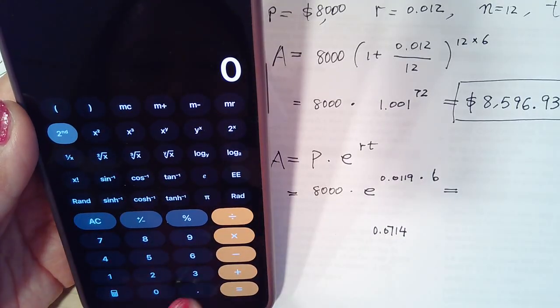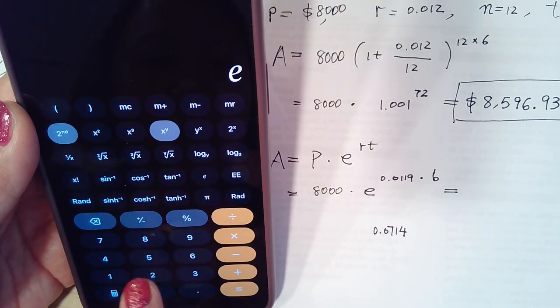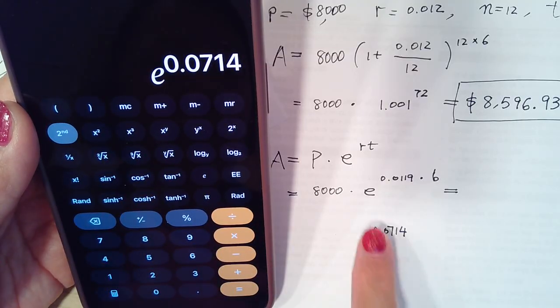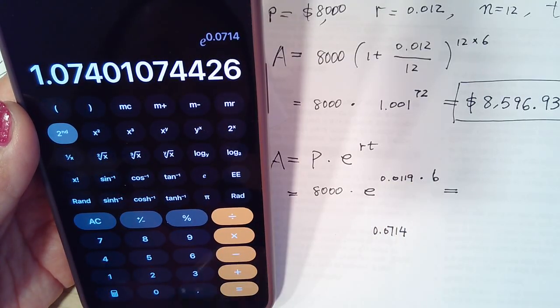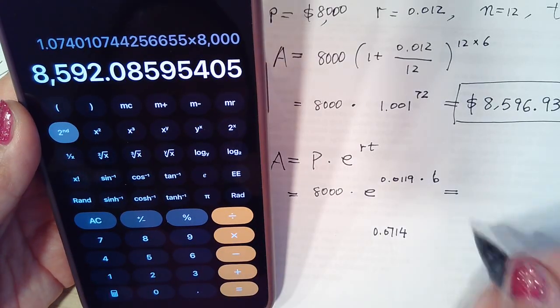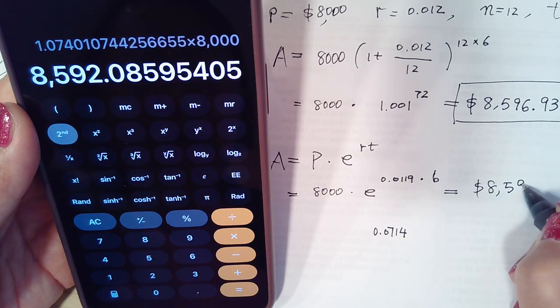So that's going to be e to the power of 0.0714, equals. And then I multiply this by 8,000. So the answer is $8,592.09.